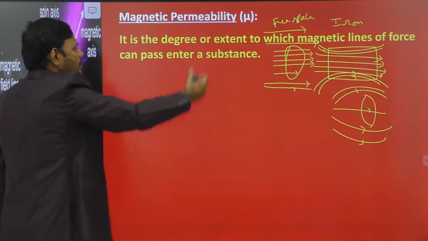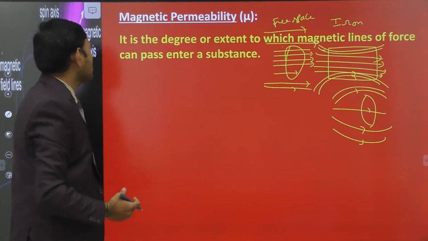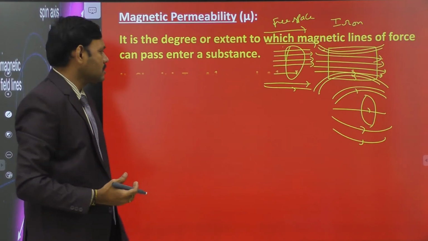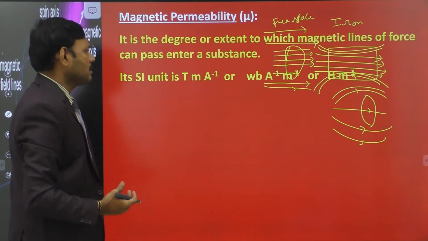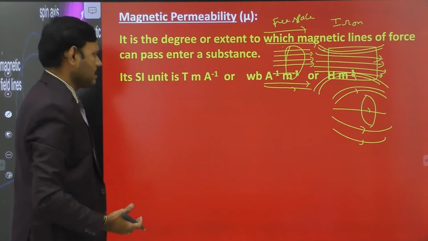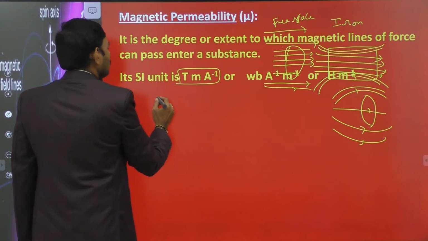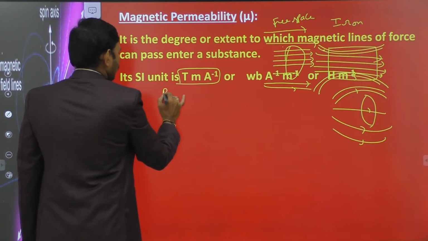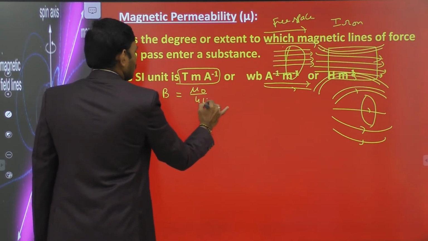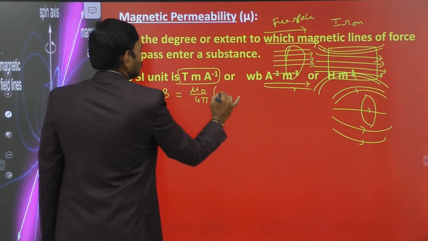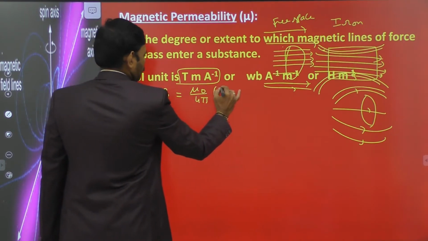So magnetic permeability is the degree or extent to which magnetic lines of force can pass through a substance. Its SI unit is meter per ampere or Weber per ampere meter. The first one is Tesla meter per ampere, because the expression for B is mu naught by 4 pi into m by r square, where m is the pole strength.